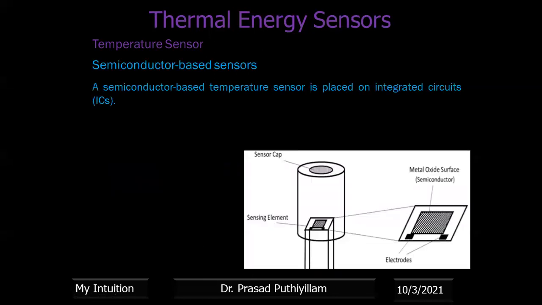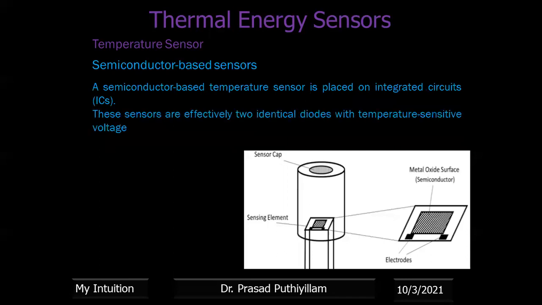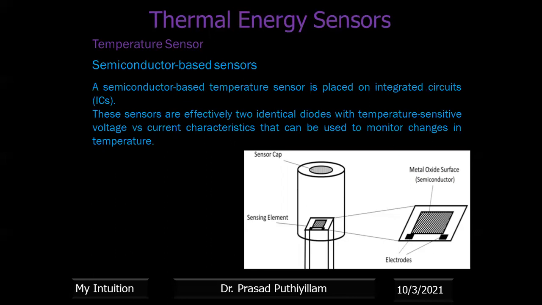Now, semiconductor based sensors use semiconductor material as a sensing element, which is connected with an IC, integrated circuit. These sensors use effectively two identical diodes with temperature sensing voltage versus current characteristics to measure the temperature changes.